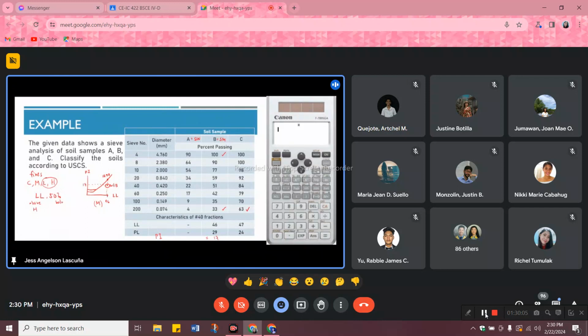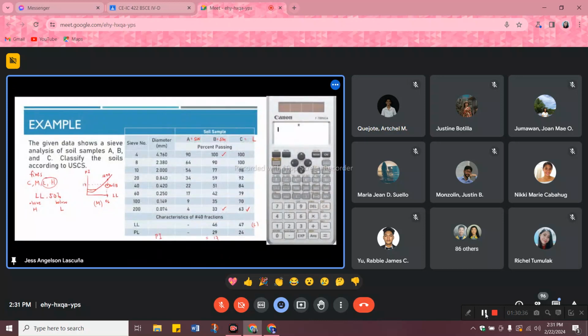If below, then it is low plasticity, L. So in this problem 47 is your LL. Therefore, the second letter you will use is low plasticity. So L. You take the L.